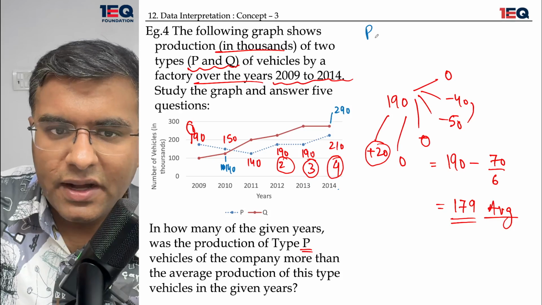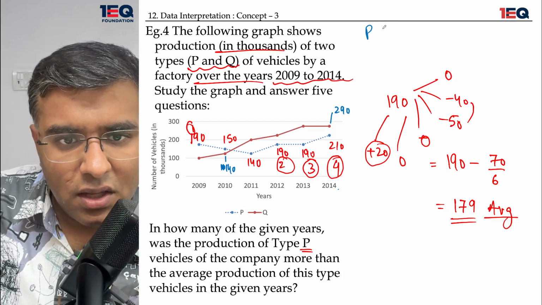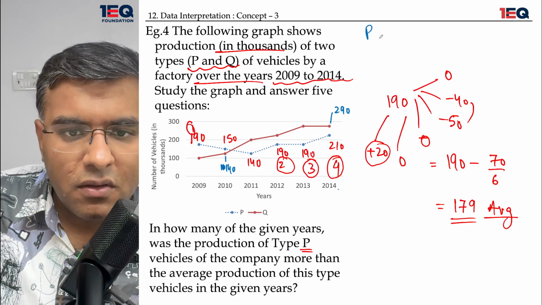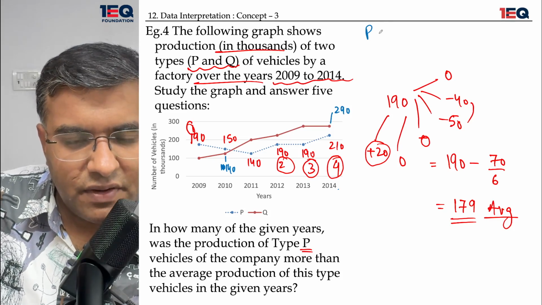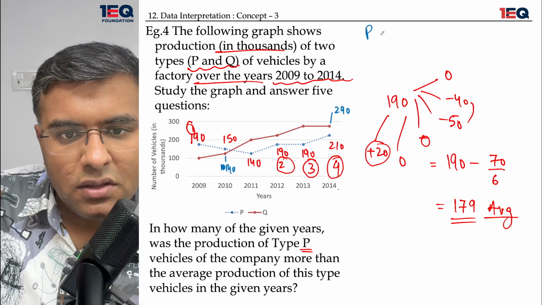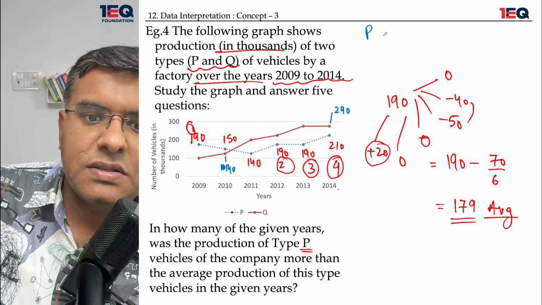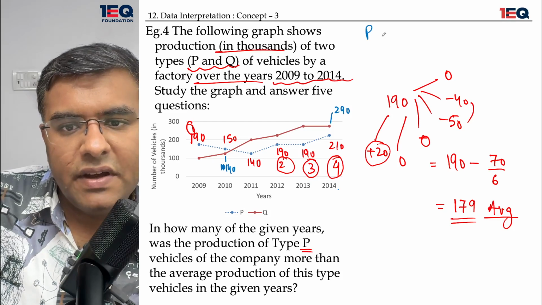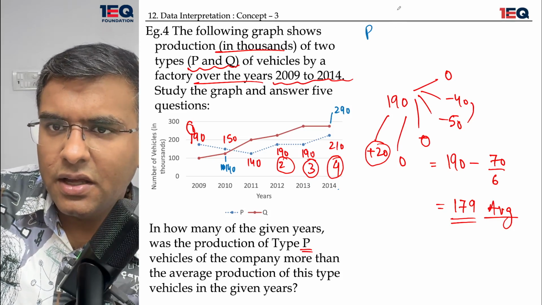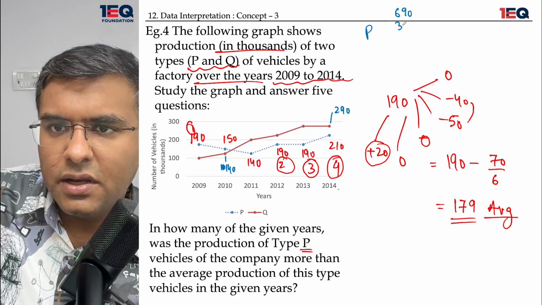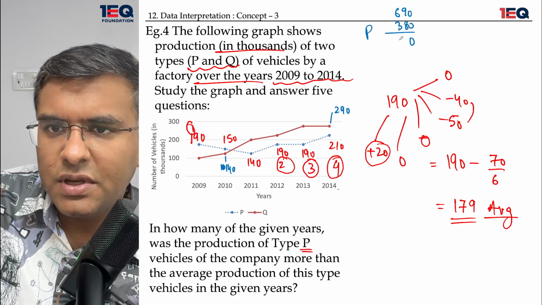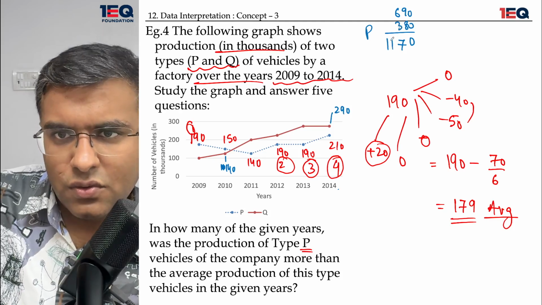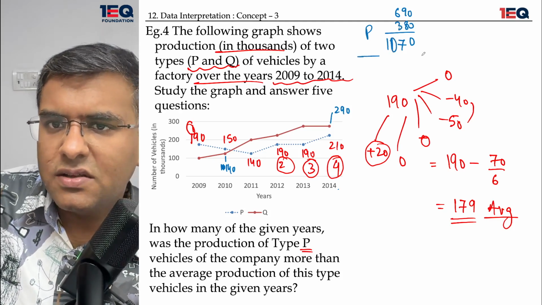I'll quickly write down the sum over here for P, which is 190 plus 150 plus 140. 190 plus 150 is 340, 480, 490, 590, 690, 690 plus 380, which gives 1070. Yeah, for P it is 1070.